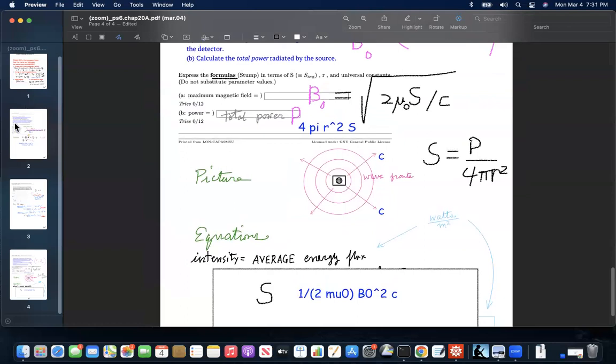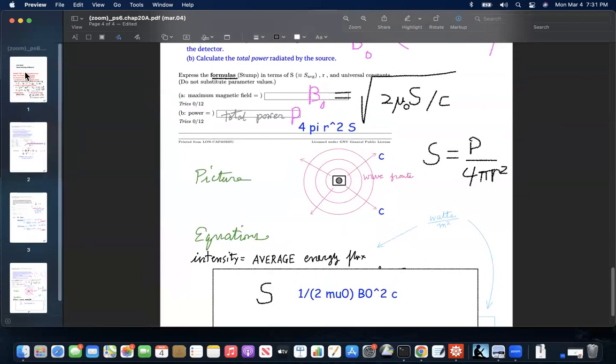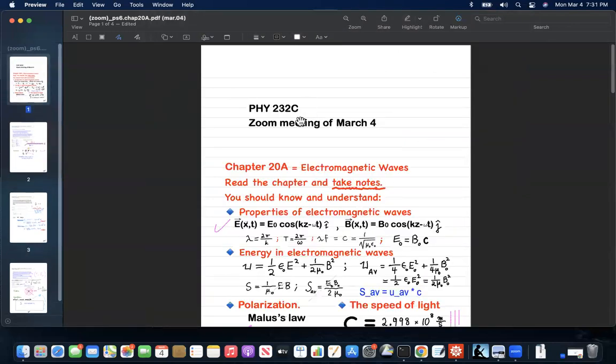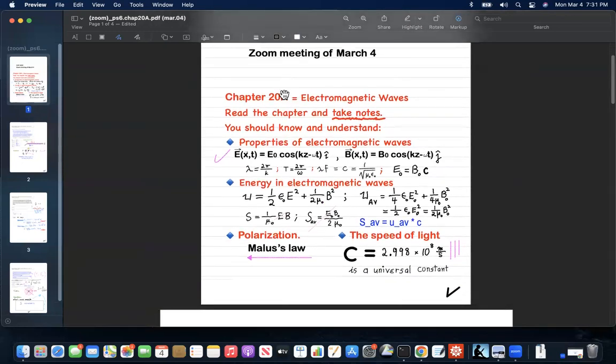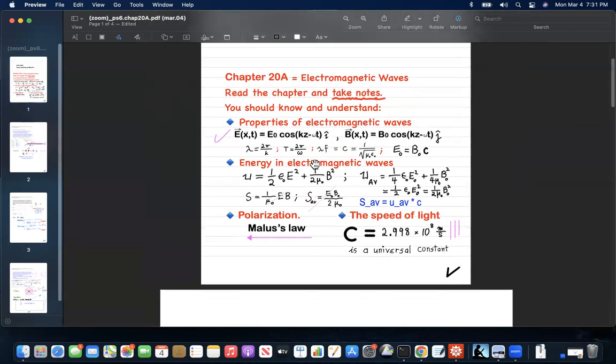All right, so there are some examples of what's in this chapter 20. It's the first 3 sections of chapter 20. You have to know the meaning of electric and magnetic fields in an electromagnetic wave, the various parameters: wavelength, period, frequency, speed, amplitudes. You need to know about the energy in electromagnetic waves.